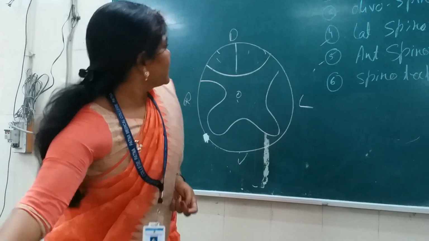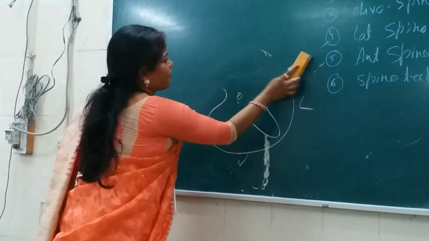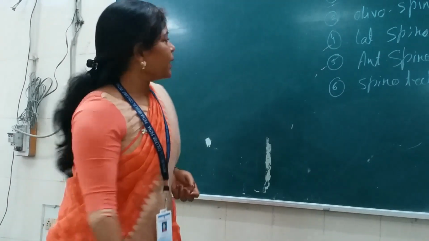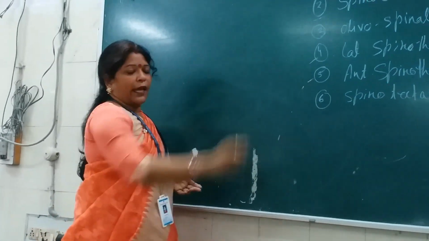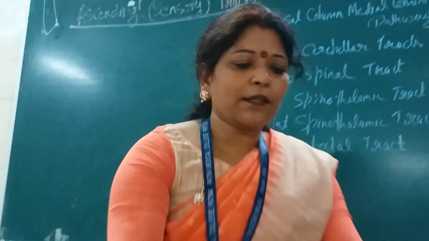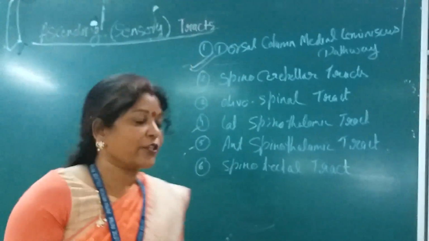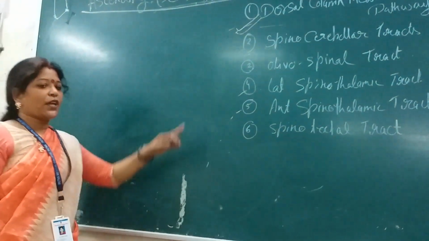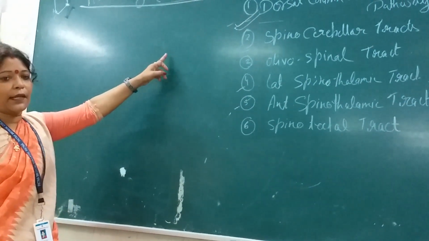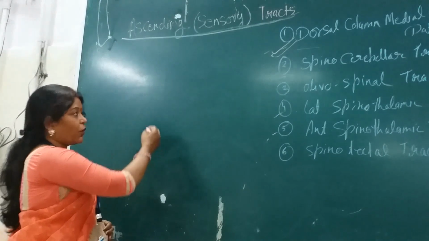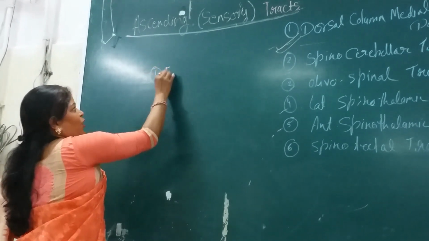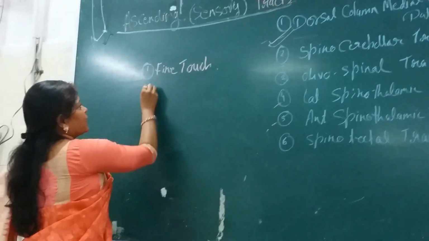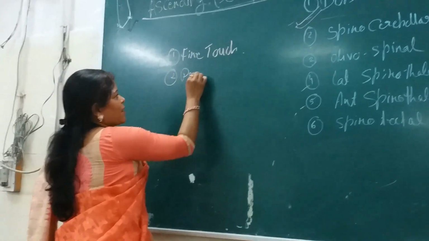So then, what are the modalities of sensation carried to the cortical area by this pathway? Anyone? There are so many modalities of sensation, and what are the sensations carried by the dorsal column medial lemniscus pathway? It is the fine touch, the pressure.